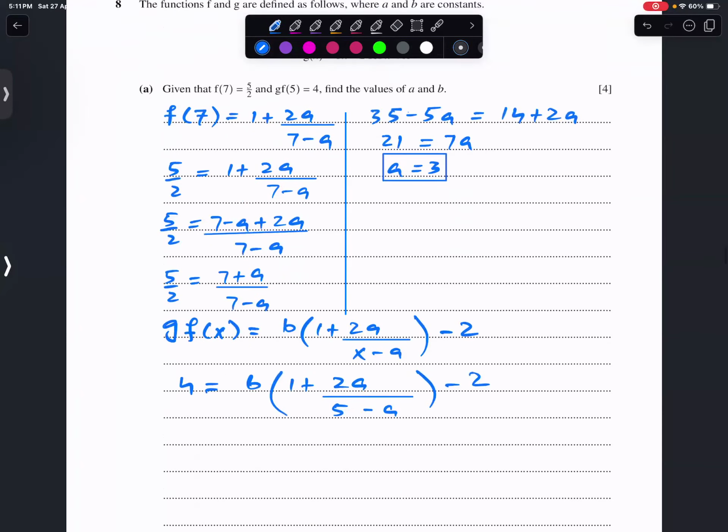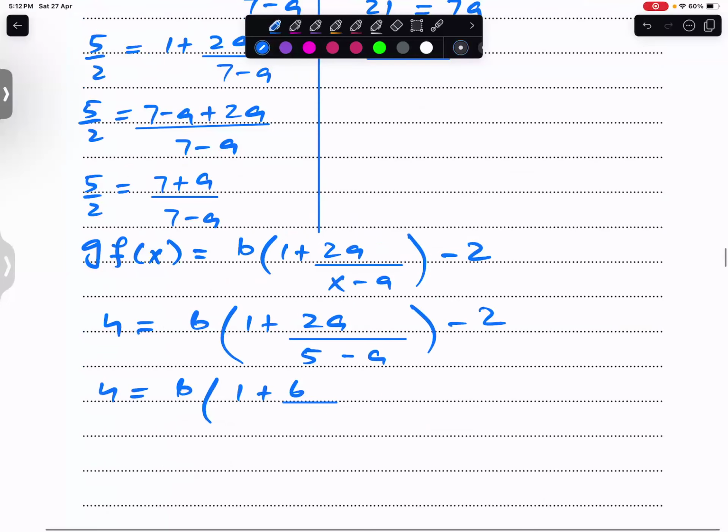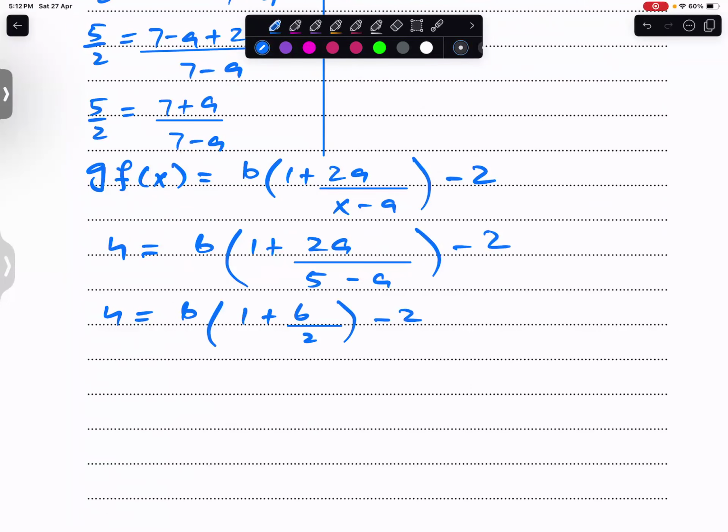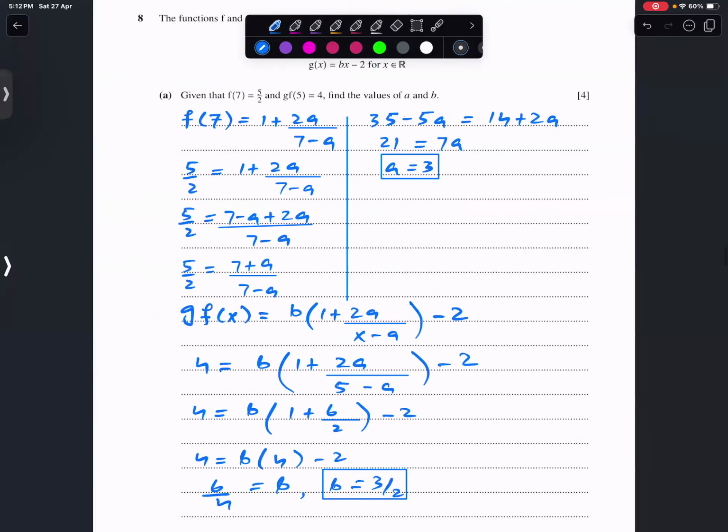Your a is 3, so use that value. 4 is equal to b into 1 plus 6 over 2, minus 2. So 4 is equal to b times 4 minus 2. 6 over 4 is equal to b. So b is 3 by 2.